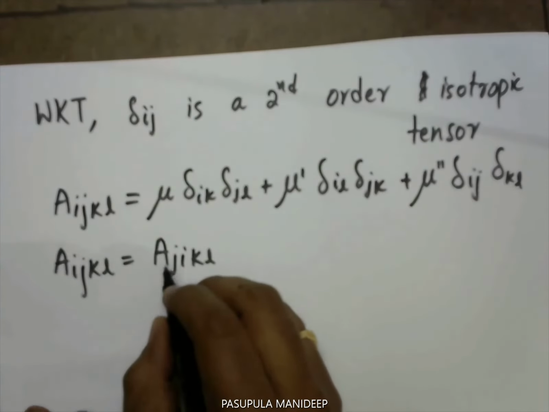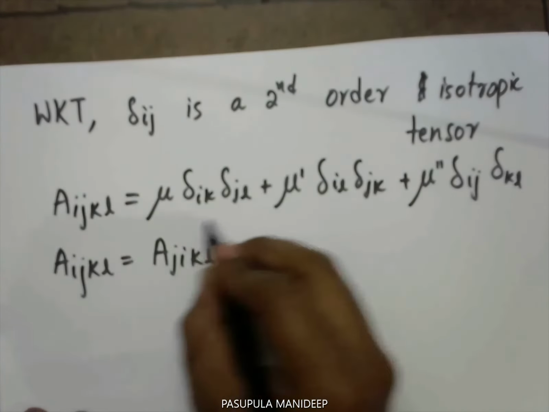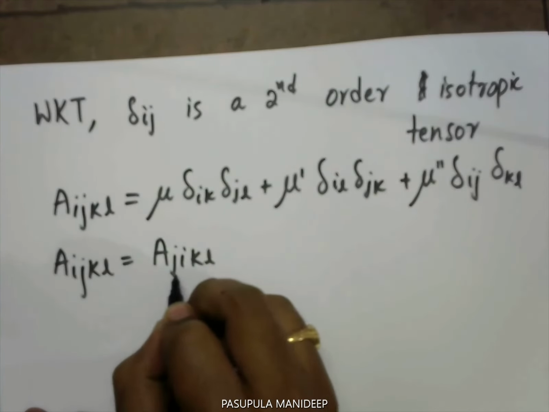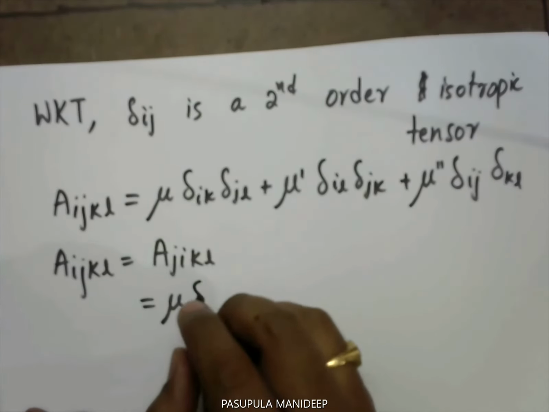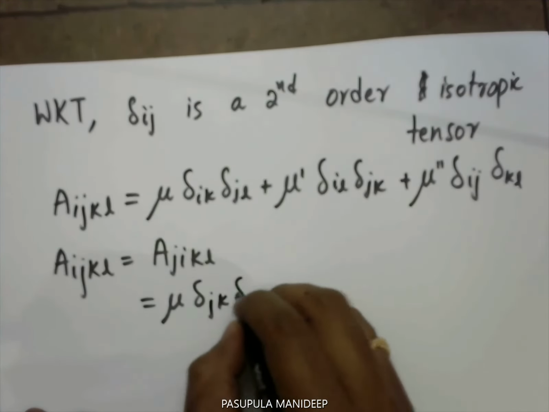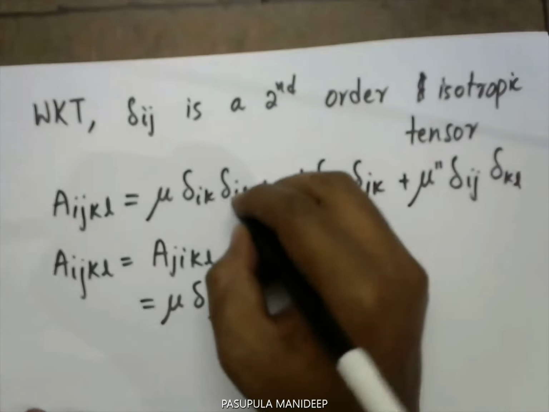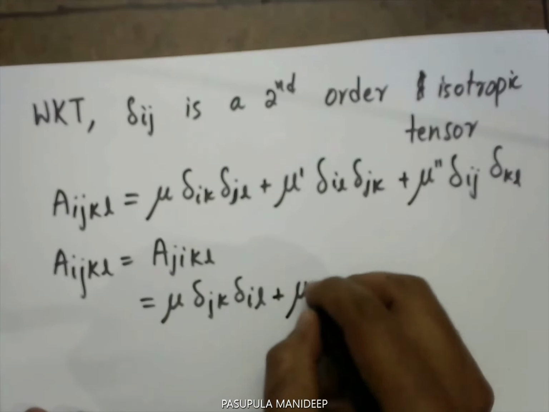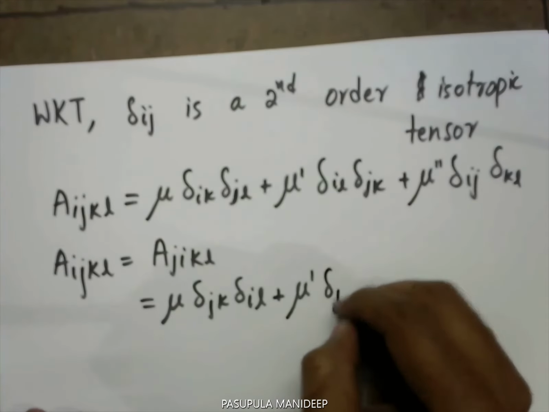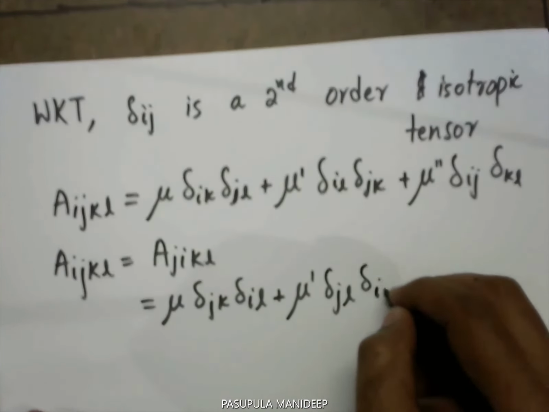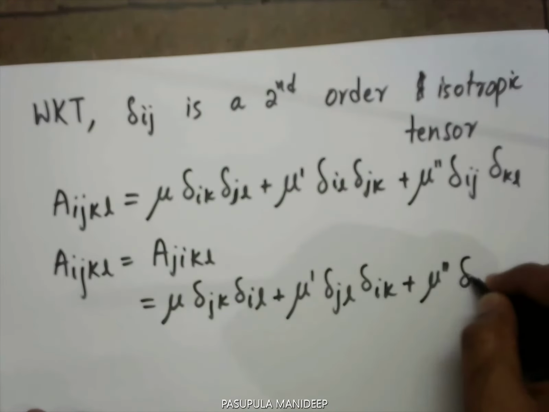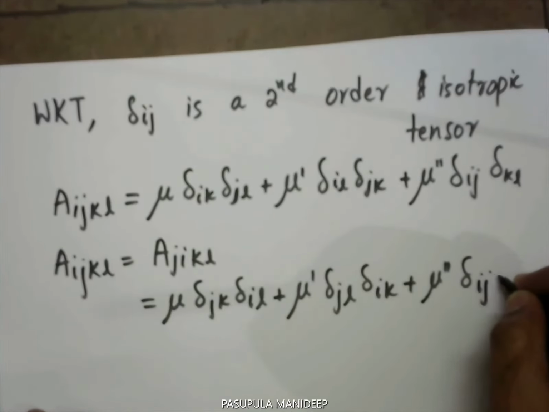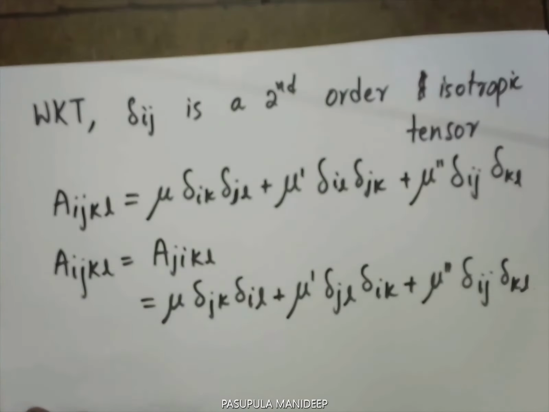So when I write the same expression for A_jikl, the expression looks like mu delta_jk delta_il plus mu prime delta_jl delta_ik plus mu double prime delta_ij delta_kl, right?